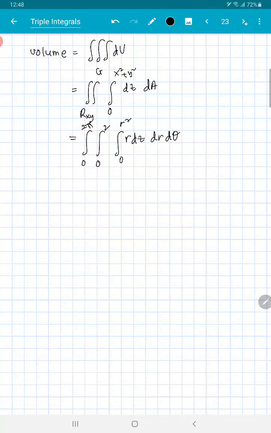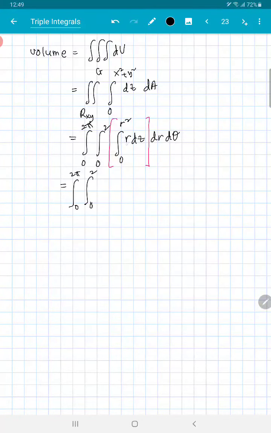Now let's evaluate this. Remember, we evaluate this from inside out. So the first integration would be with respect to z. If we integrate with respect to z, we consider the other variable as constant.